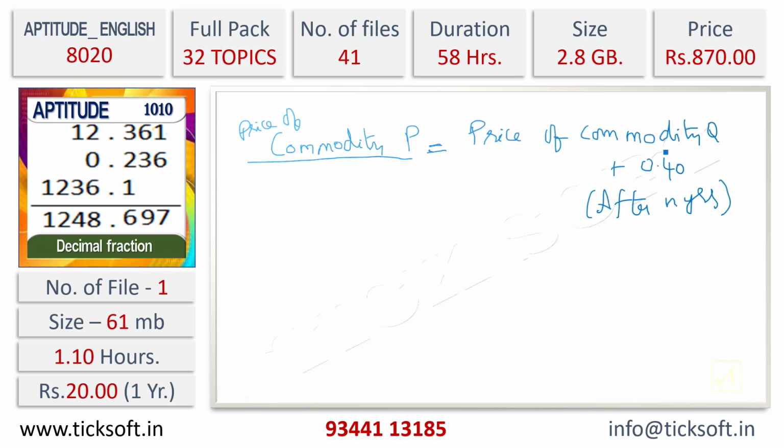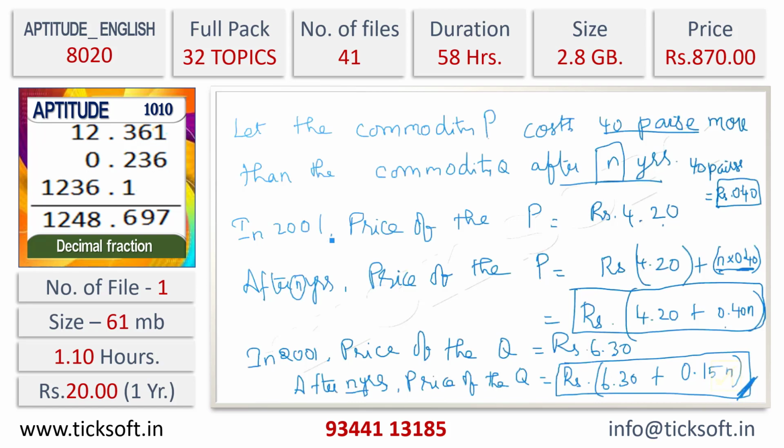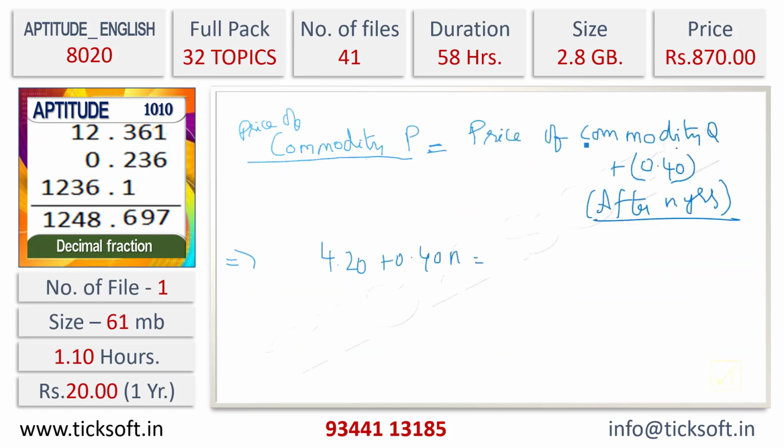After n years the price of commodity P is 4.20 plus 0.40n, and the price of commodity Q is 6.30 plus 0.15n, and with this we have to add 0.40.